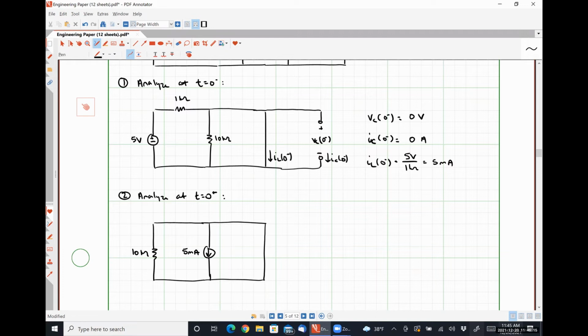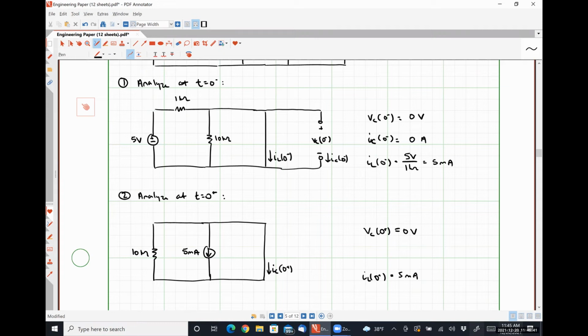So let's call this guy IC at 0 plus. So we know that VC at 0 plus has to be 0 volts. We also know that IL at 0 plus has to be 5 milliamps. And as a reminder, we know this because those are the two quantities that cannot change abruptly, right?